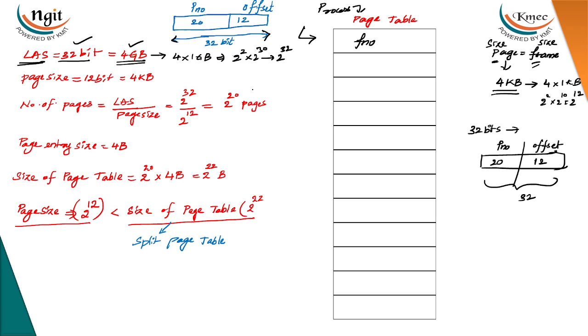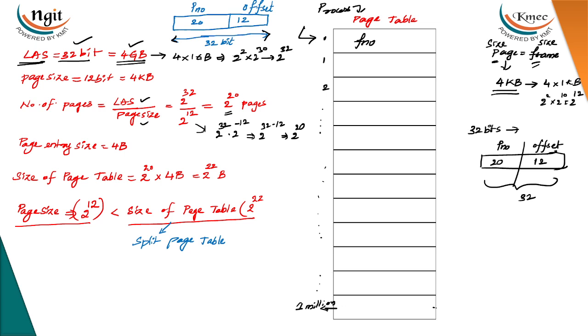So the total number of pages equals logical address space divided by page size, 2 to the power of 32 by 2 to the power of 12. The bases are equal, so you subtract the powers, and it will be 2 to the power of 20. So the pages are numbered 0, 1, 2, and so on up to 2 to the power of 20. That means 1 million pages are there.